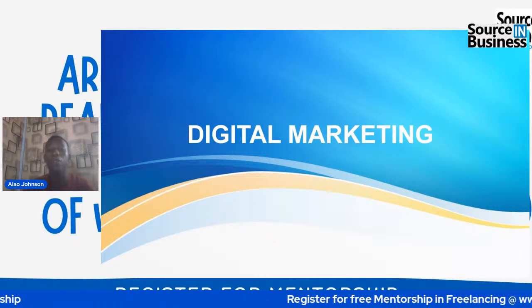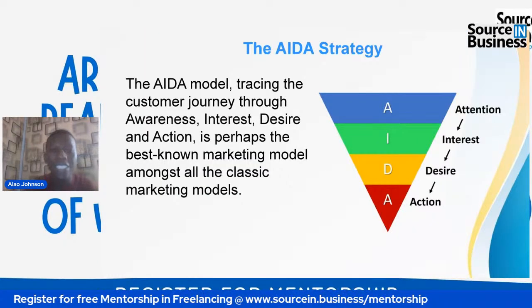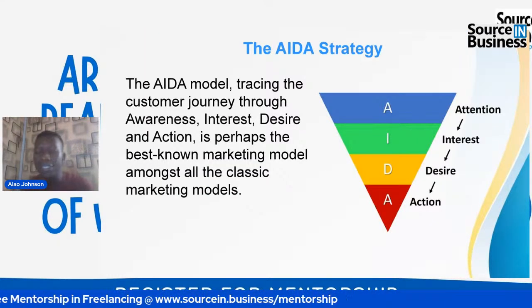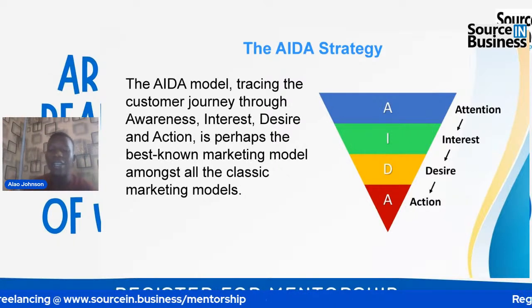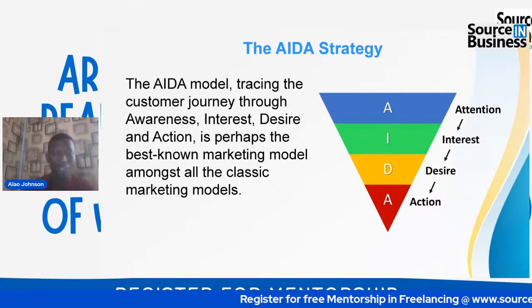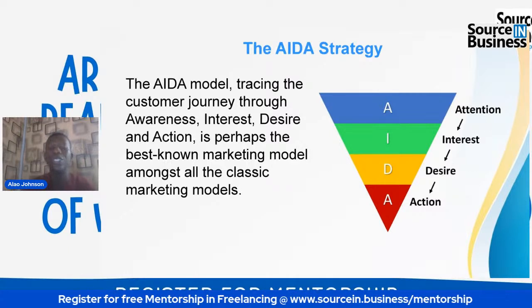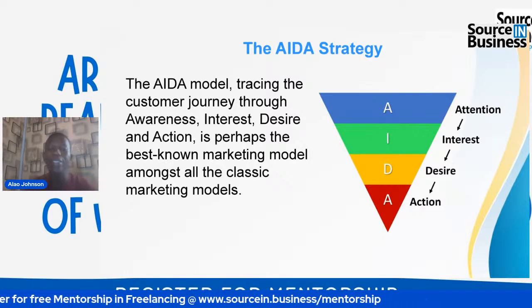All right. So the first thing first, there is this strategy we call AIDA strategy. This AIDA strategy is a strategy that every person should know. Even if you are not a marketer, you should know this strategy. As far as you are selling anything, you should know this strategy. AIDA.